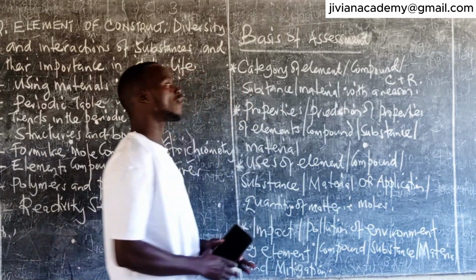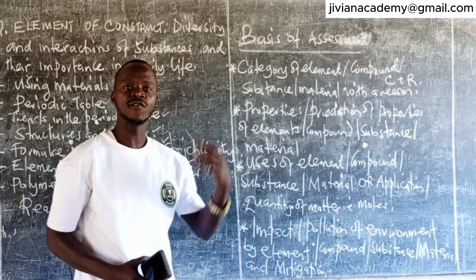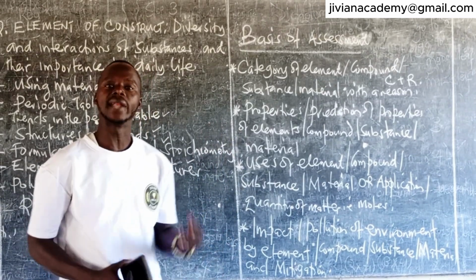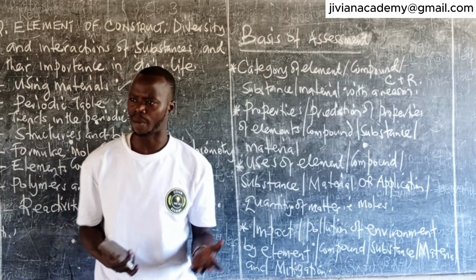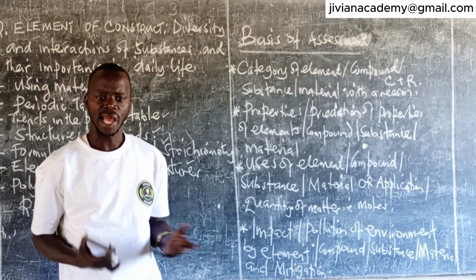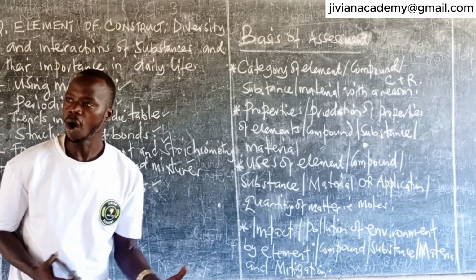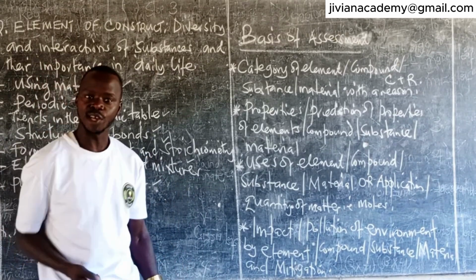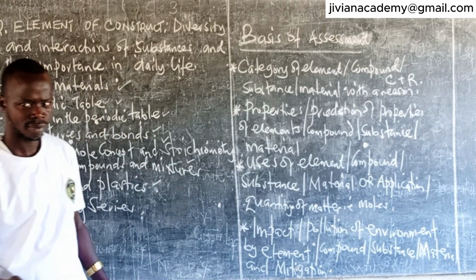For example, elements are categorized into two: the metal and the non-metal. If the scenario was talking about sodium metal, a lot of people would say sodium is a metal because it loses its valence electrons to form positive ions.